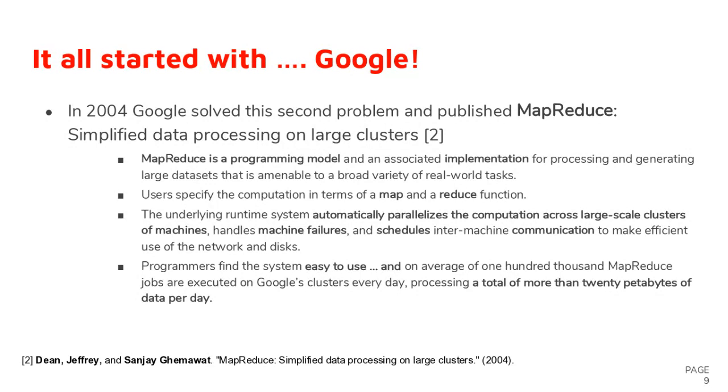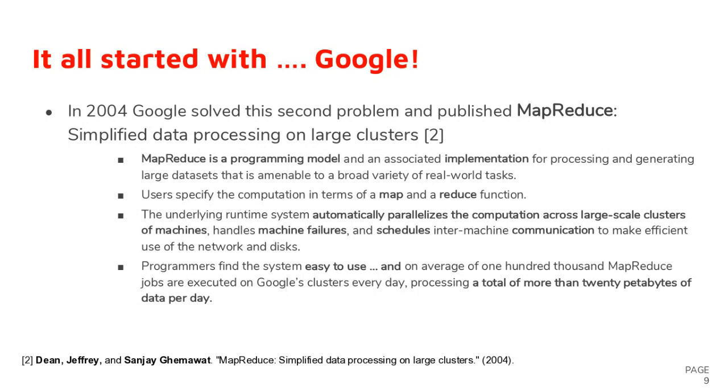End users, that means the programmers, specify their algorithms or their programs in terms of map and reduce functions. That's where the name comes from. We will see that in detail in week 8. And the underlying system automatically makes sure that these programs are parallelized across these large clusters of machines.